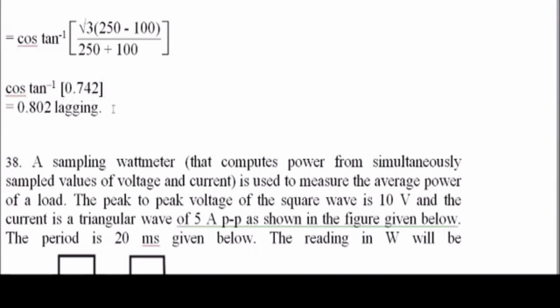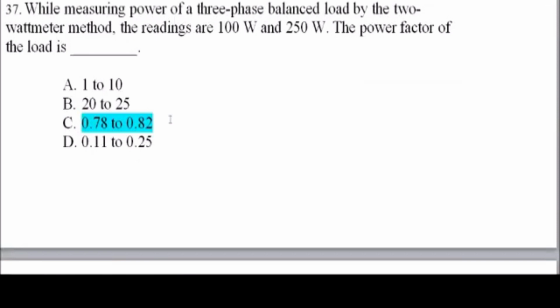Finally, we will be getting 0.802 as a power factor. So this is the nearest value. The value that we have found out will be available within this one. So the exact choice is the third one, 0.78 to 0.82.